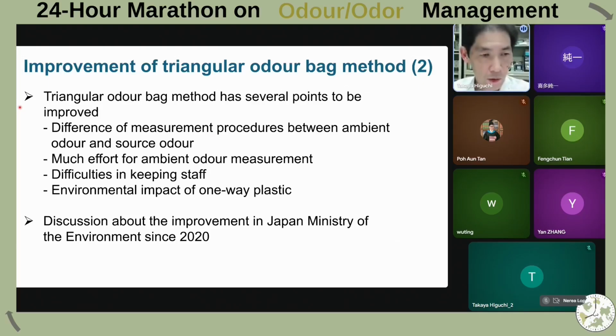So now the discussion to improve the method has been done in the Japan Ministry of the Environment since 2020.